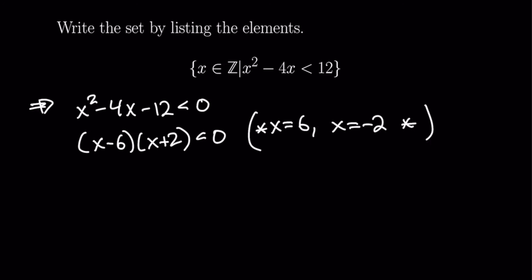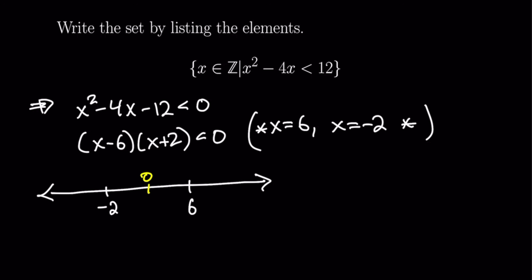And now we'll use a general pre-calculus approach of test points. Let's take our number line and pick it apart using these important points, negative 2 and 6. Then we'll pick test points in each of the regions split up by those two places.